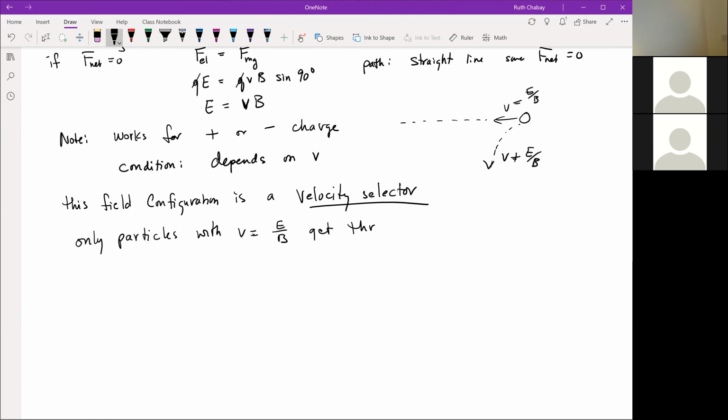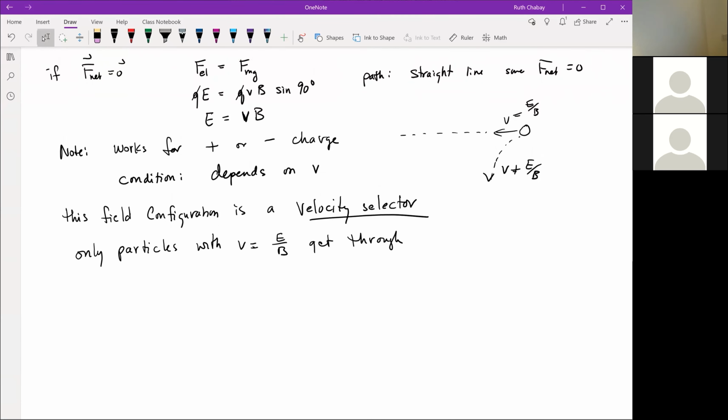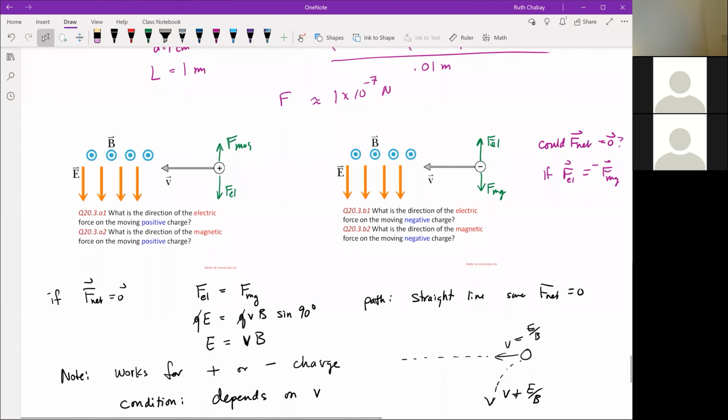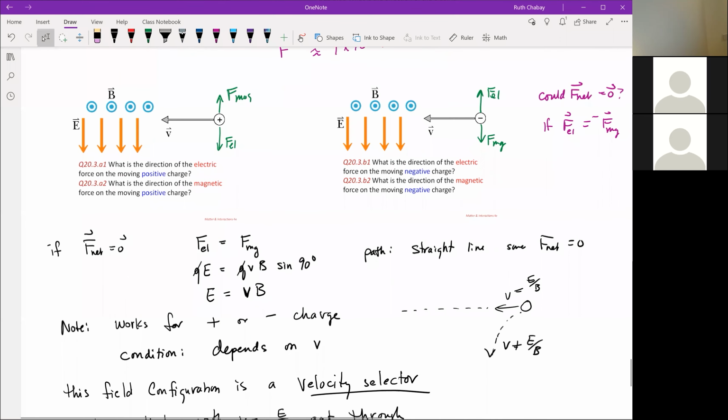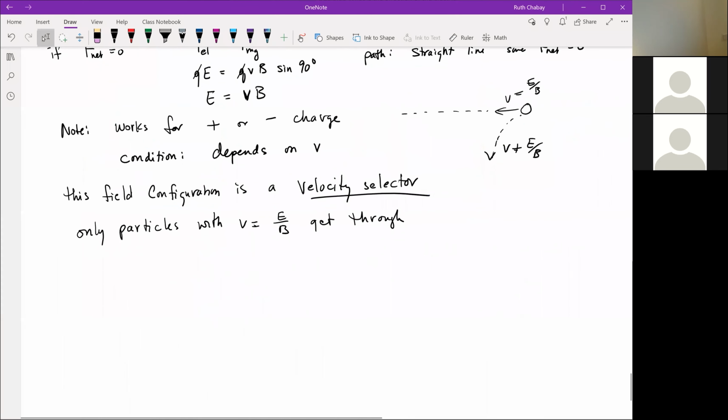Everything else is deflected down and hits something else. Notice that it works equally well for positive or negative charges, because as long as these fields are balanced that way, the particles can go right through.